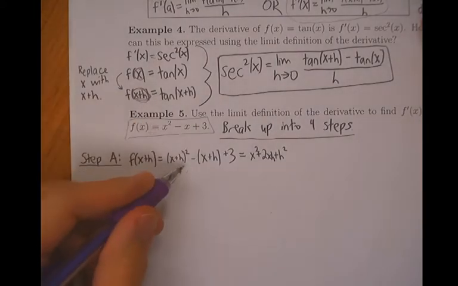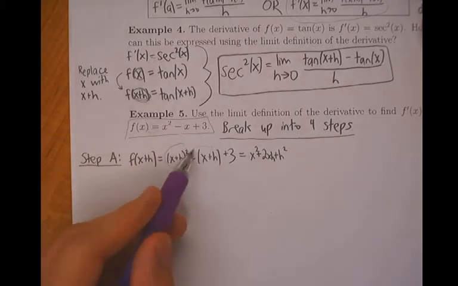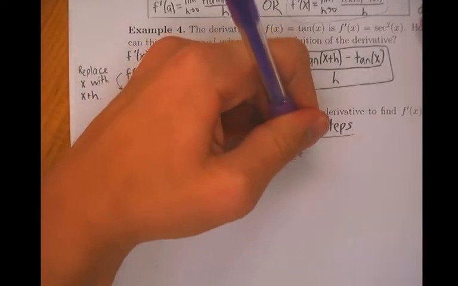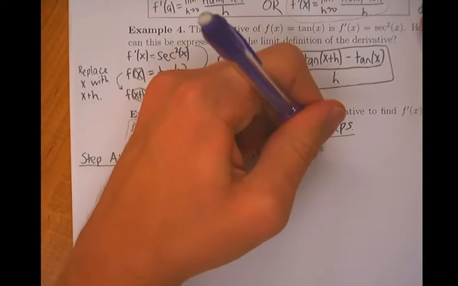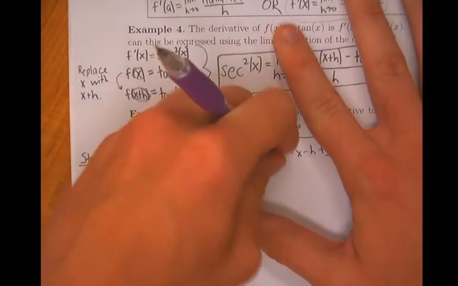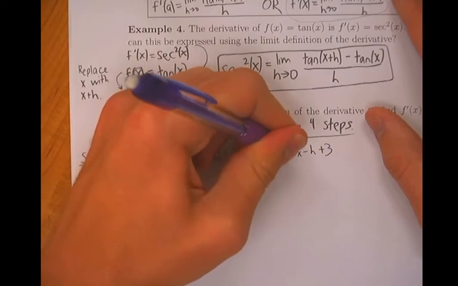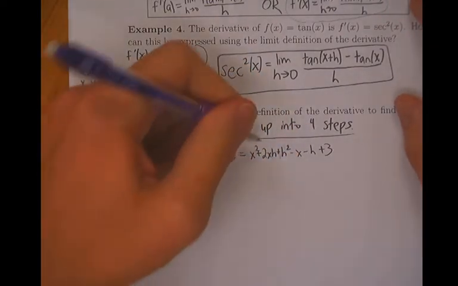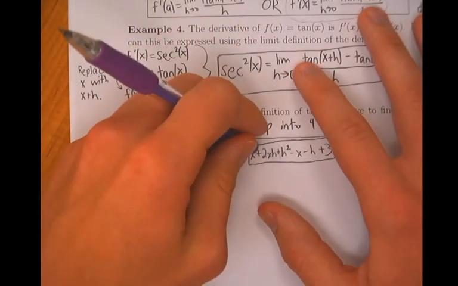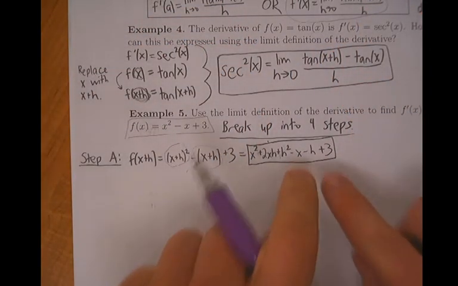Then from here, this will be the quadratic part, x squared plus 2xh plus h squared. For the other part, you just have to distribute the negative to x and h, so you have minus x minus h, and then plus 3. So step A is just this, and we're done.